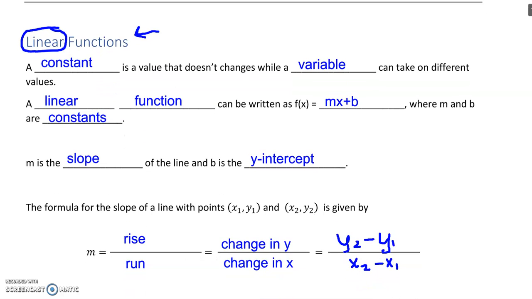Okay, a couple definitions here in this very first sentence. So write that in: a constant is a value that doesn't change, while a variable can take on different values. Those two words might be very familiar to you, or they might not be. The words themselves kind of indicate what they mean. An example of a constant would be any number, like the number 2.